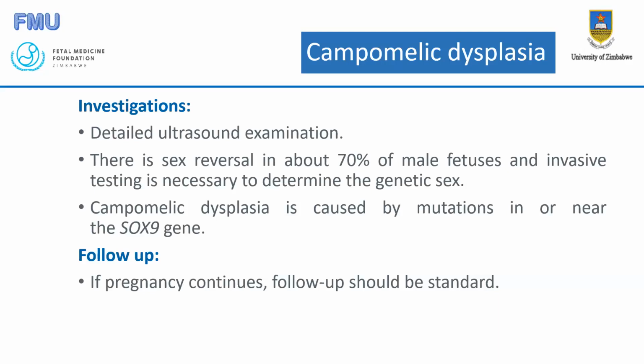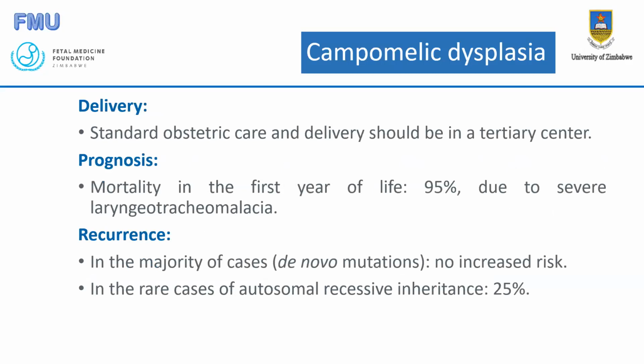So this Campomelic dysplasia is caused by mutations in or near the SOX9 gene. If pregnancy continues, follow-up should be standard. The standard obstetric care and delivery should be done in a tertiary center. Mortality in the first year of life is 90%, 5% due to laryngotracheomalacia.